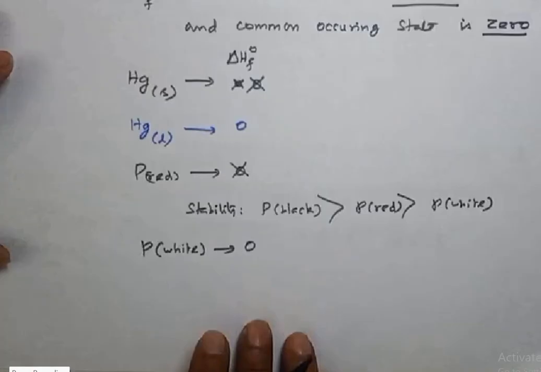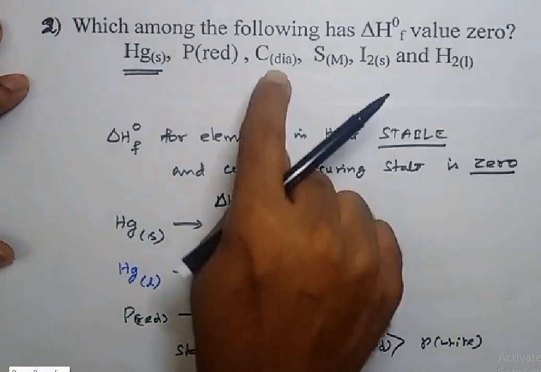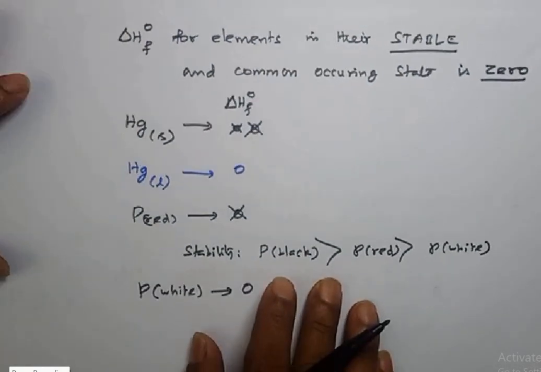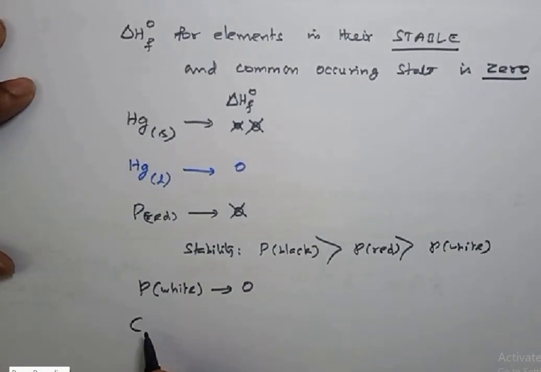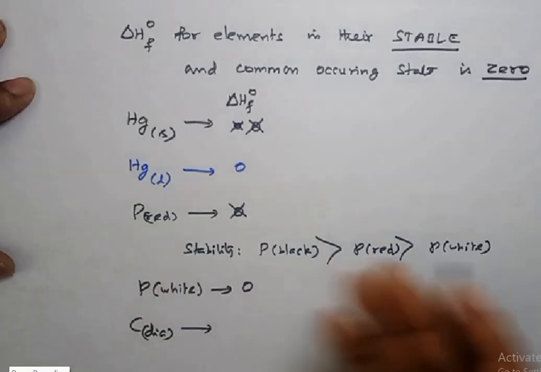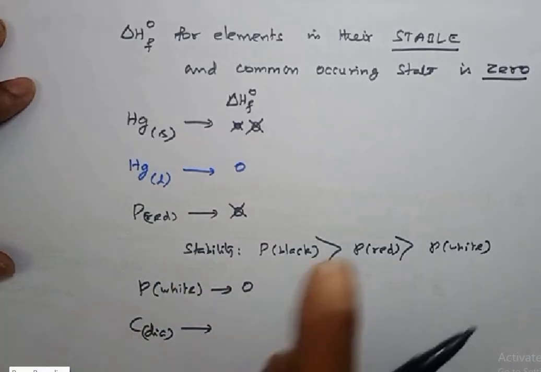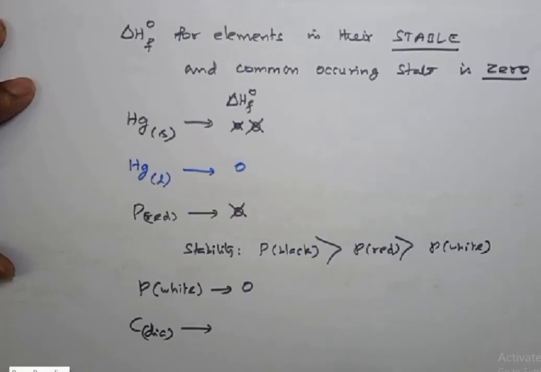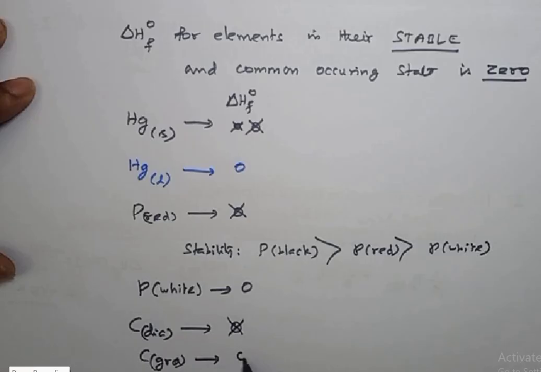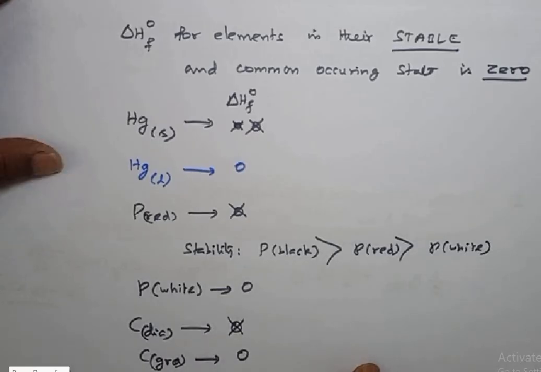Then what is the next element given? Carbon, diamond. If you compare with graphite, graphite carbon is more stable compared to diamond. Therefore, for diamond carbon it is not 0, whereas carbon graphite is 0.